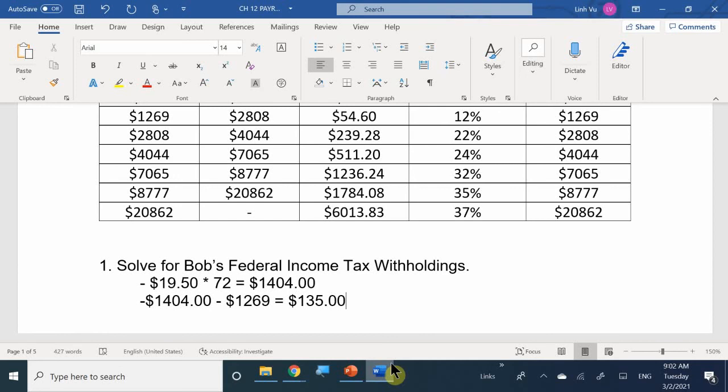Okay, so this is the amount in excess. This is going to be subject to the 12% that he is being taxed at. So we're going to calculate 12% off of the amount of excess. So what is 12% of 135?